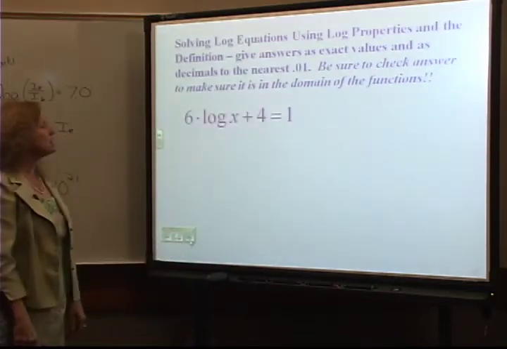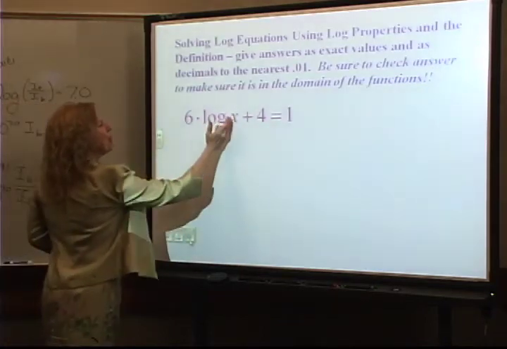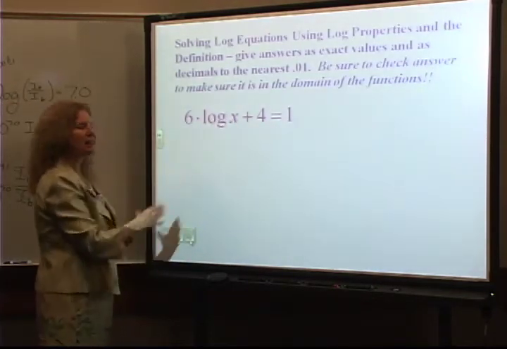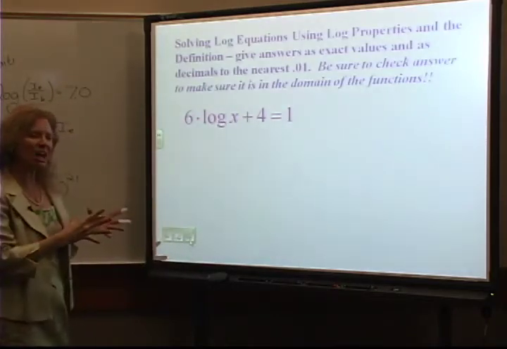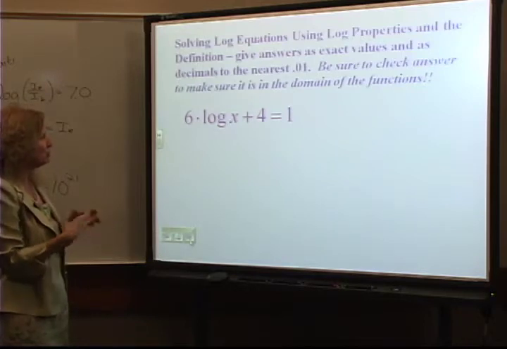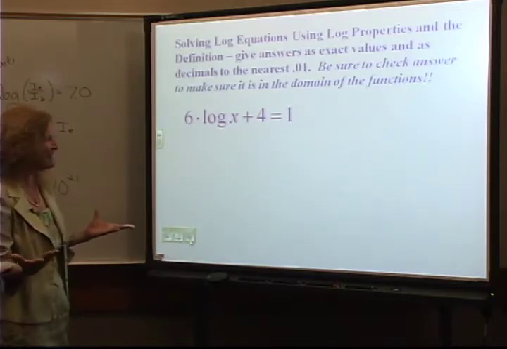And I go on to the next one, and I see that I have a logarithm, and I see that my variable is sitting inside of that log, which means that to get the variable by itself, I'm going to have to pull it out of the log, but I can't just randomly do that.